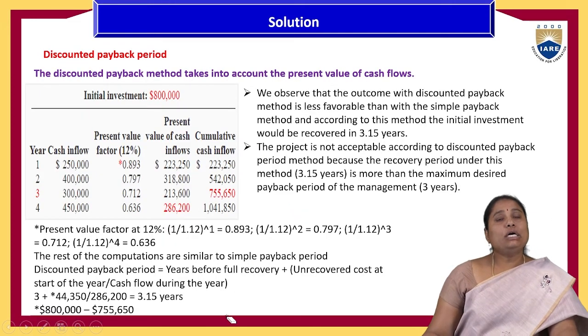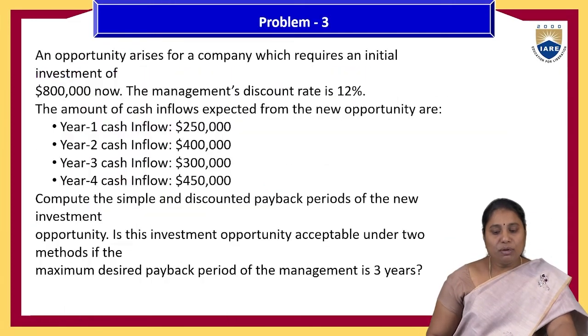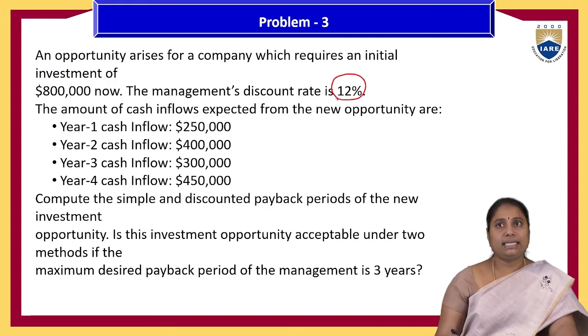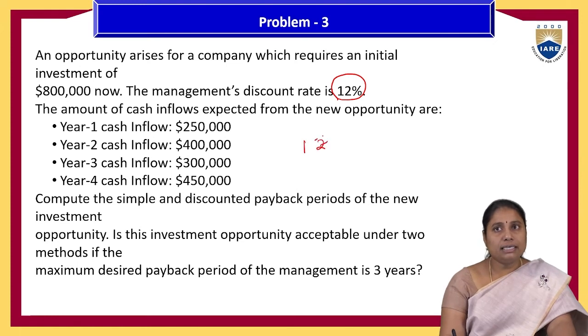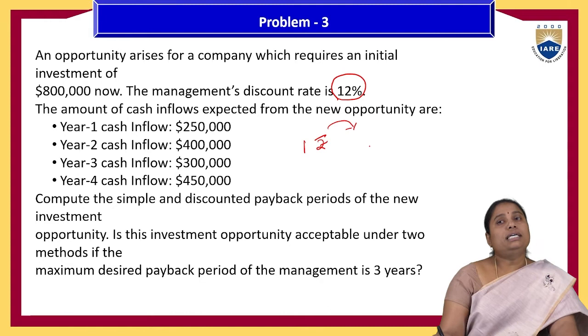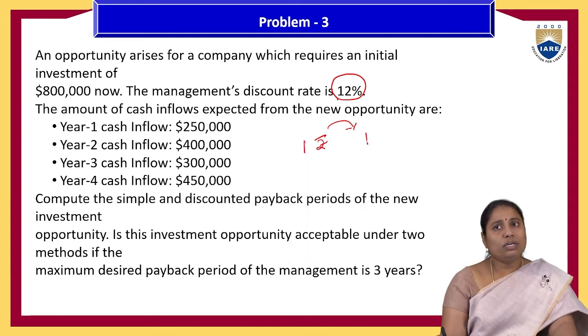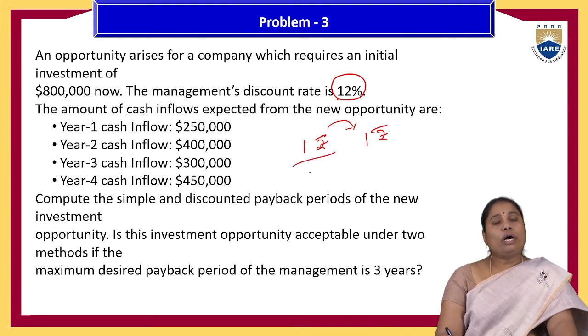But in the discounted payback period, the problem itself mentions that the discount rate is 12%, which means if today we have 1 rupee, and after 1 year we get the same 1 rupee, then today with this 1 rupee, for example, we can get 1 chocolate.